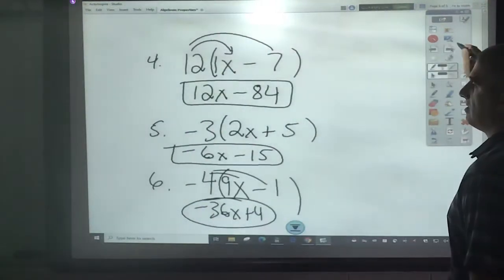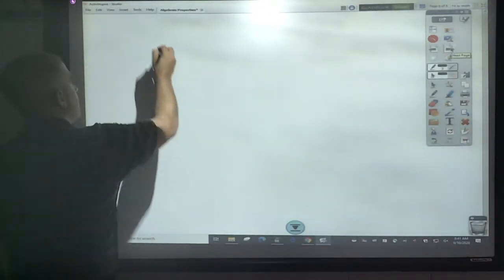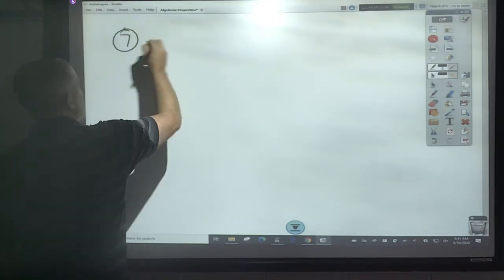All right. All right, now, let's go on to these next 3 examples. All right, go ahead and copy these 3 examples down.